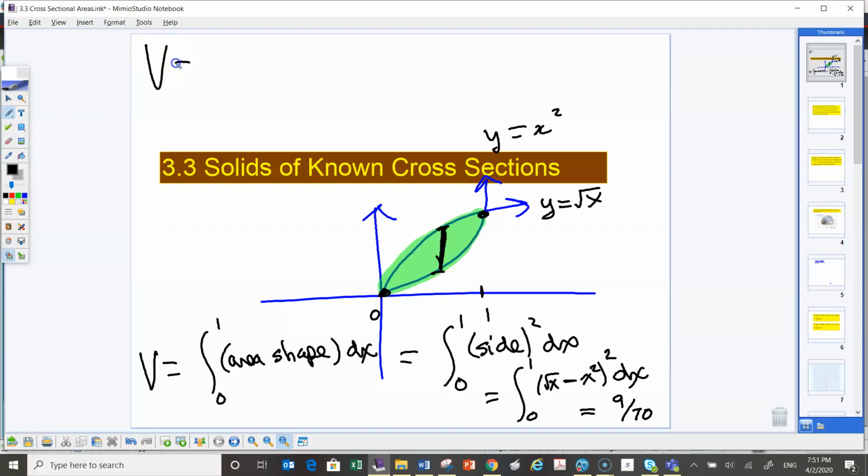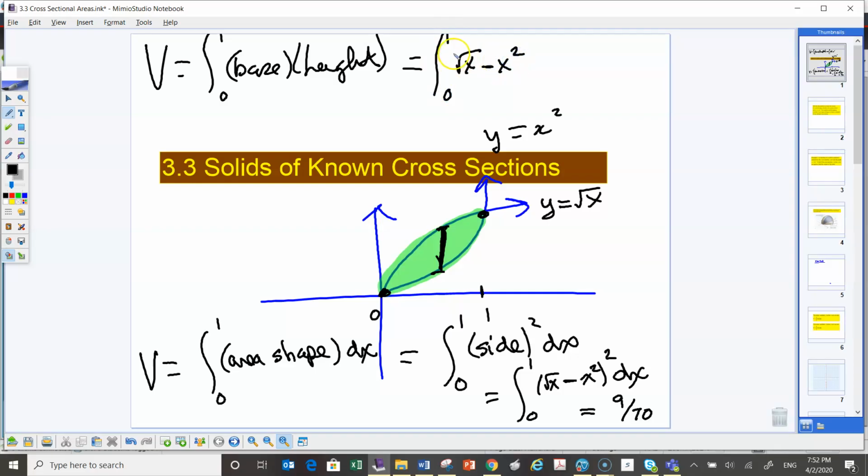So to find the volume of this object, again, I'd be going from 0 to 1, and the area of a rectangle is base times the height, and my base is this line right here, so that would be root x minus x squared, and it would have to say in the question something to the effect that the height is 3 times the length of the base.